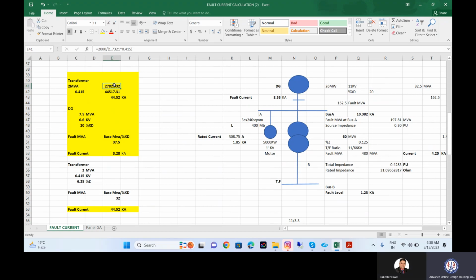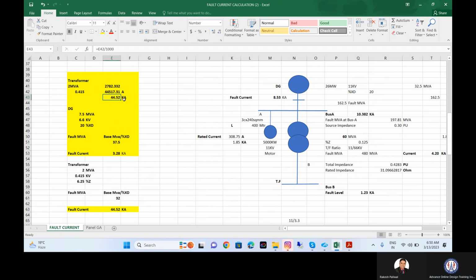Then I will determine the current as √3 VI, secondary voltage is 415 volt, and then divide it with the percentage impedance. For the 2 MVA, 6.25 is the percentage impedance. Okay, so 0.0625. So it is coming 44,517 ampere, and dividing it with the 1000, so it will come in the kilo ampere.